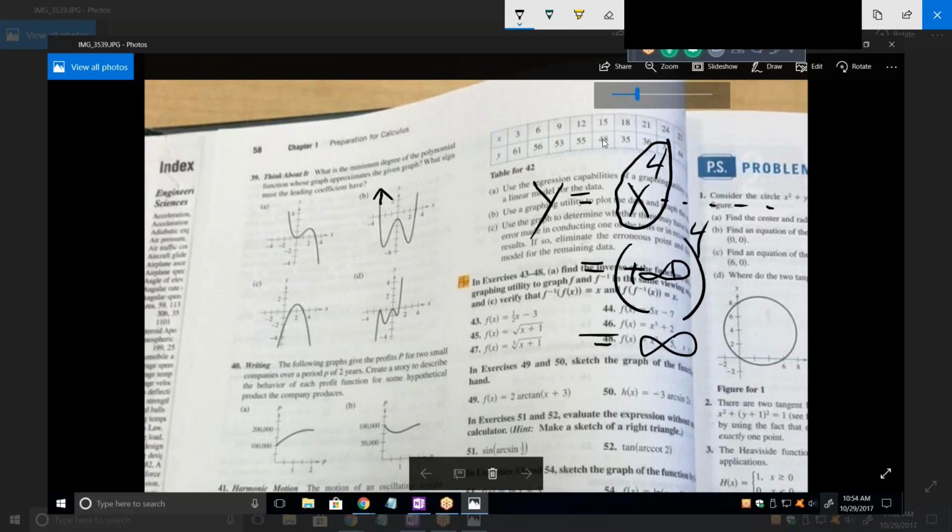You substitute positive infinity into that leading term, and you get positive infinity. So as x goes to positive infinity, we also go to positive infinity. That agrees with a positive coefficient in front of that x to the fourth term.